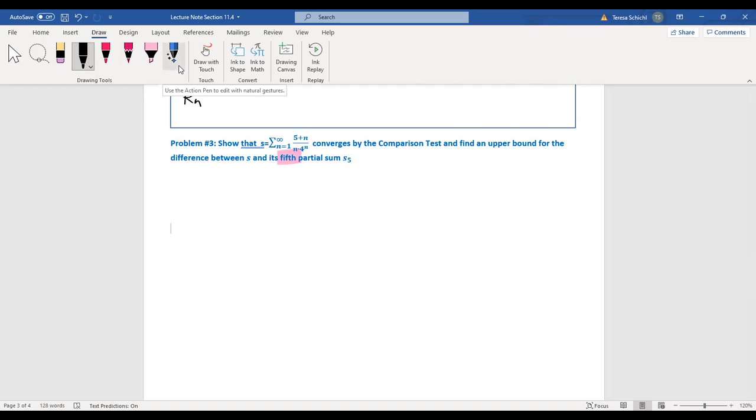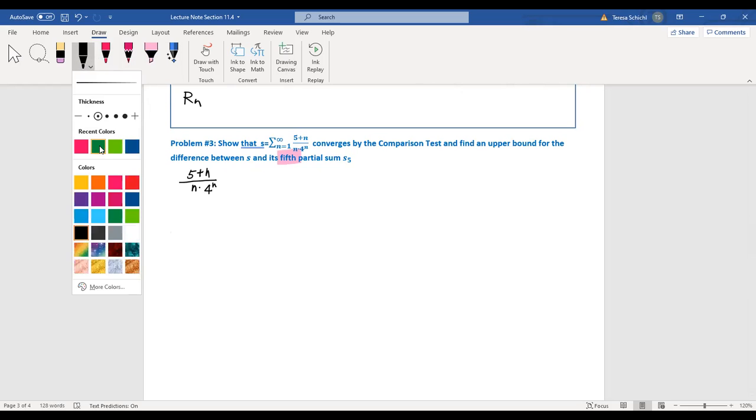Okay, so let's take a look here. This is 5 plus n over n times 4 to the nth. We said that when you try to do the comparison test, you want to find some series that is easier for us to find the limit it converges to.